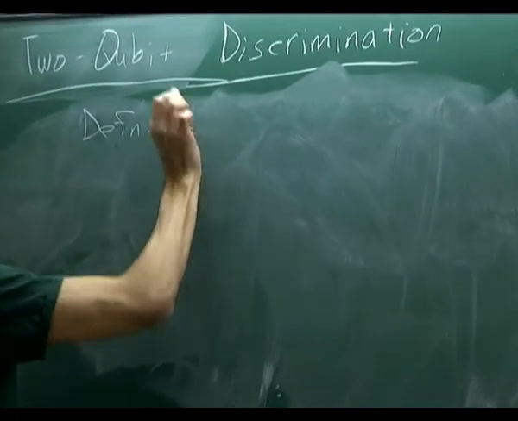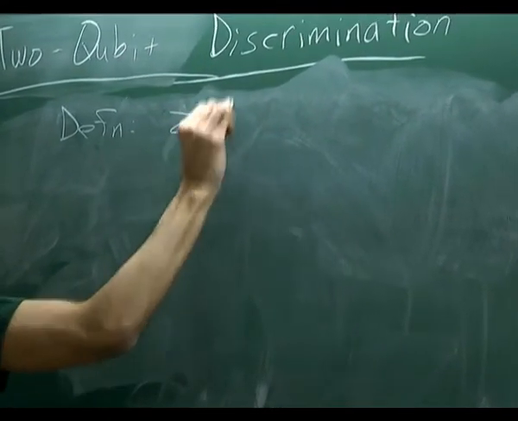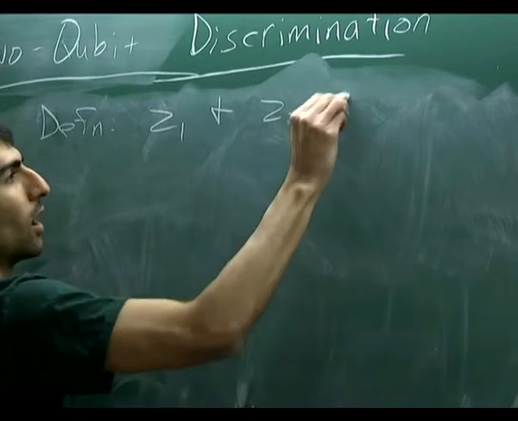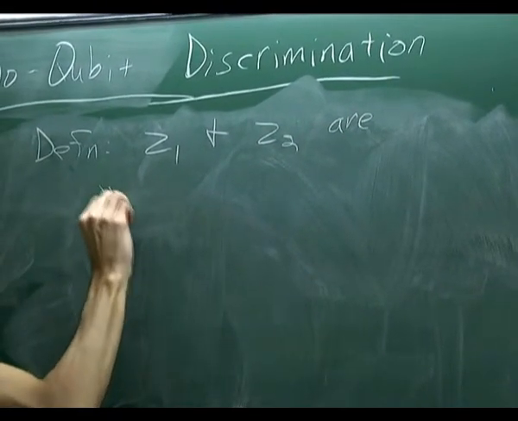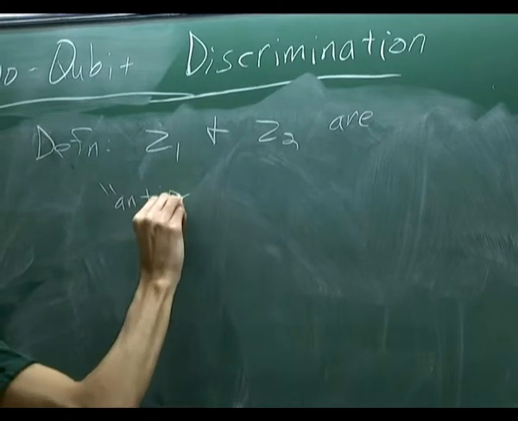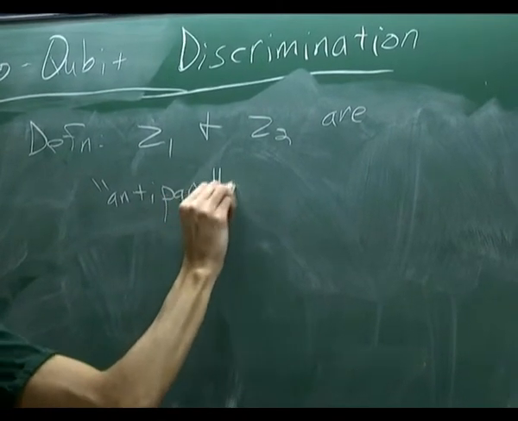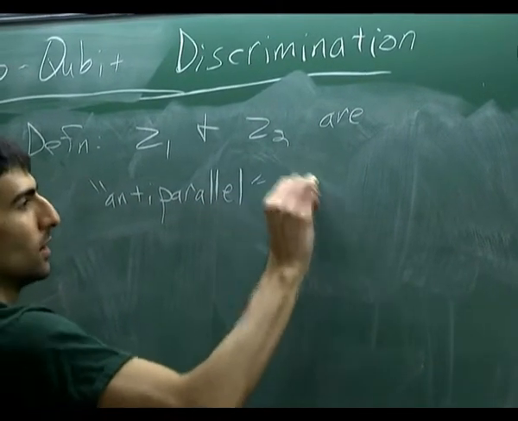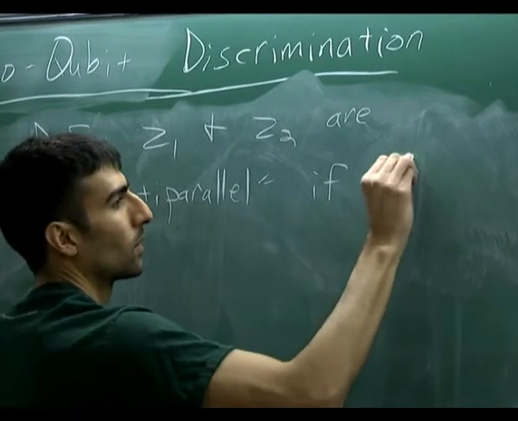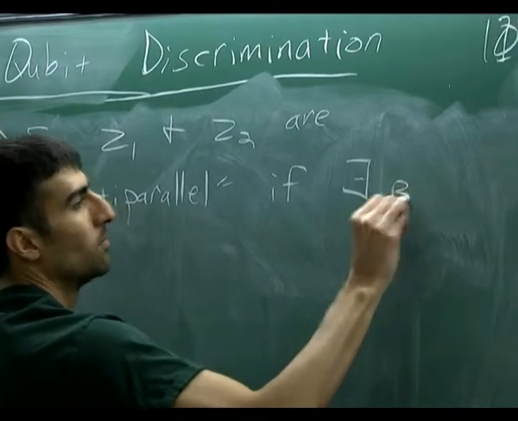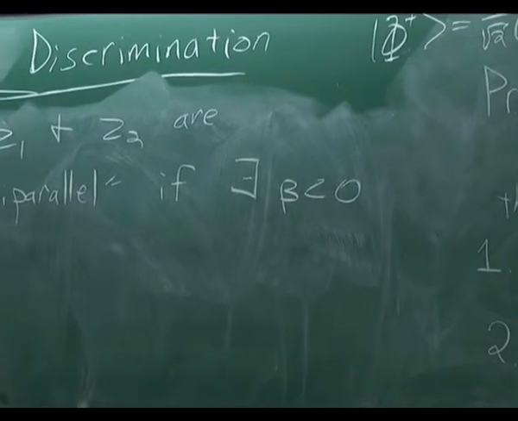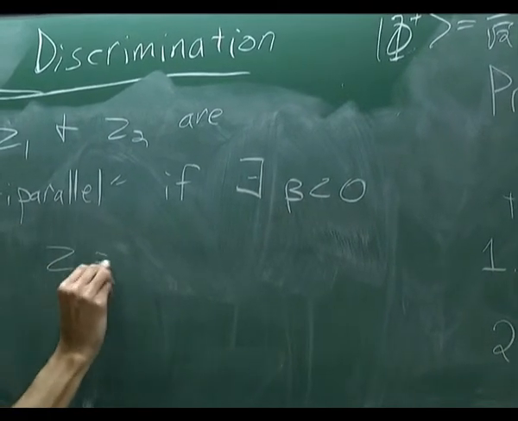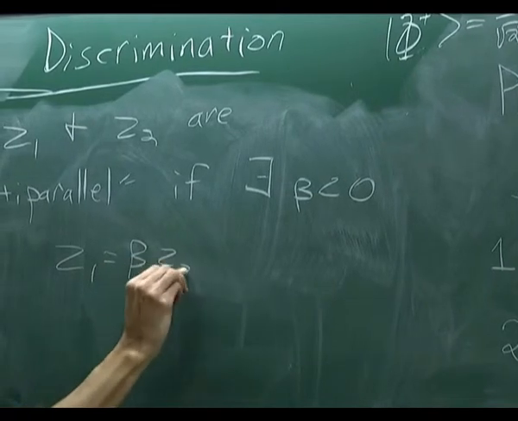So Z1 and Z2 are anti-parallel if there exists some beta, a real number less than 0, such that Z1 equals beta Z2.